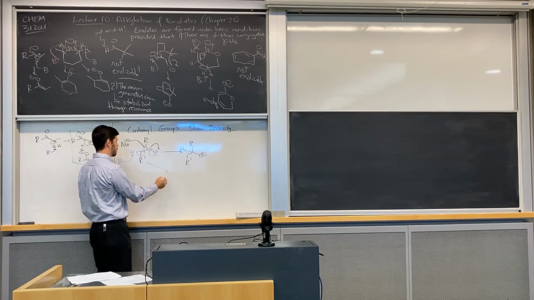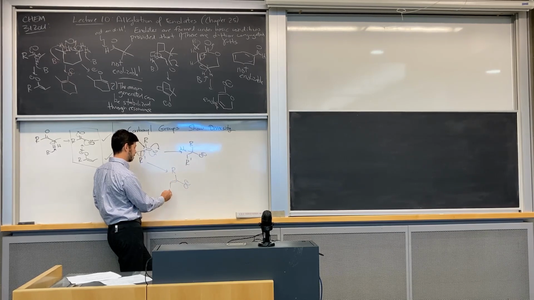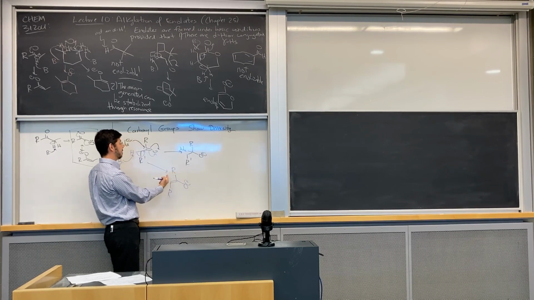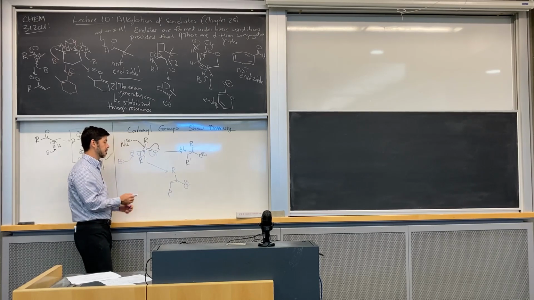So carbonyl groups are quite interesting because they show what we call diversity, meaning that they can be attacked as an electrophile, as shown here, or they can actually form enolates, which we'll learn soon are actually nucleophilic.